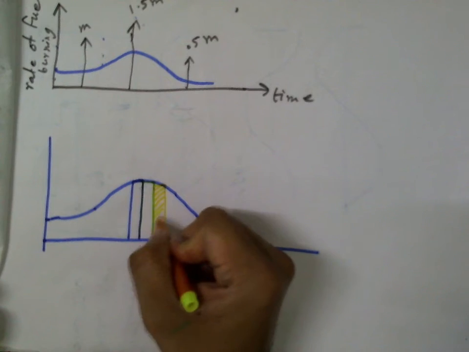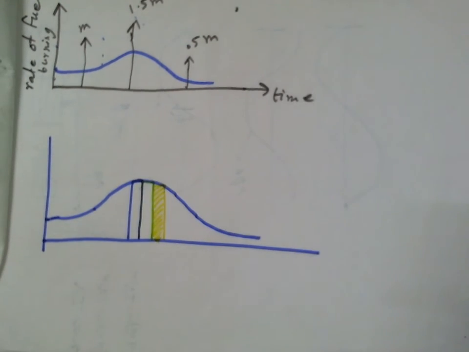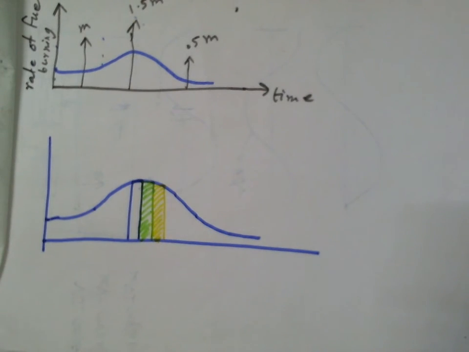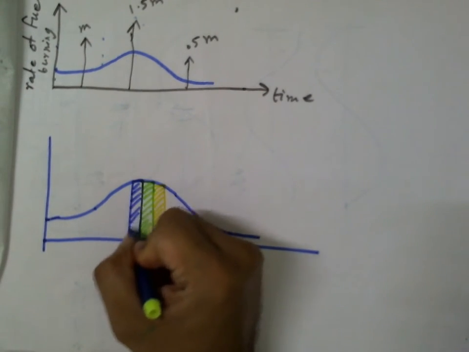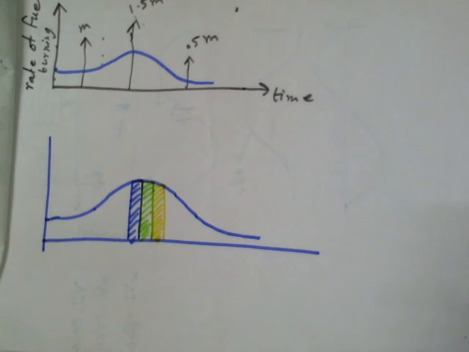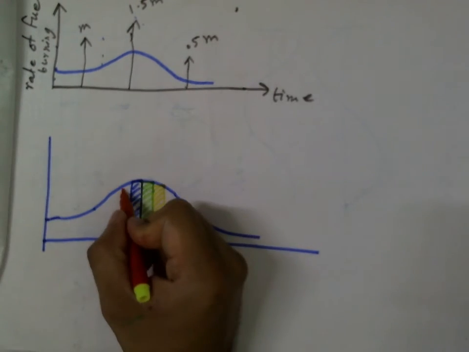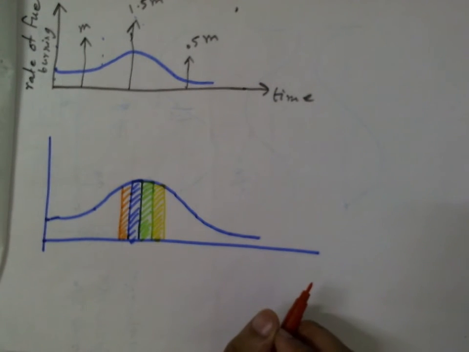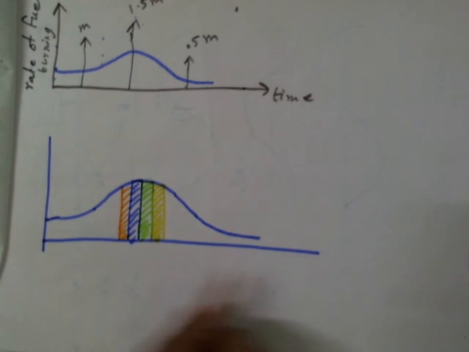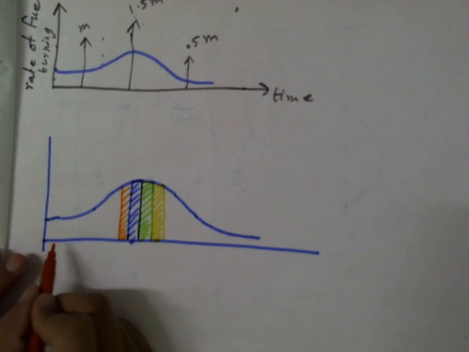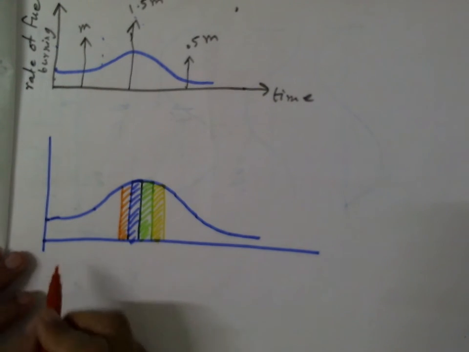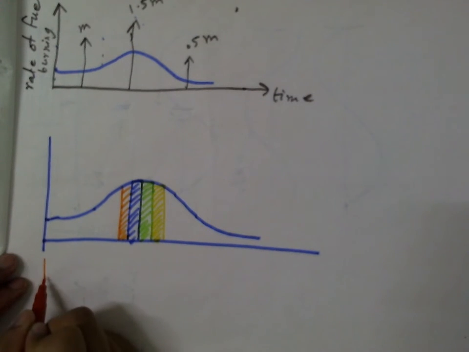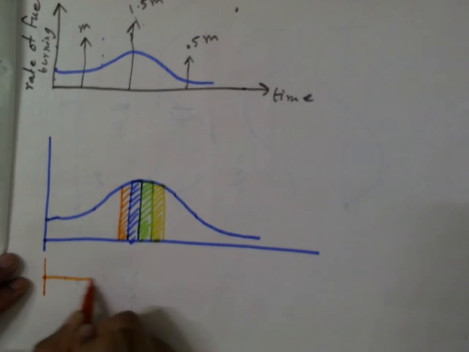Let me set it with color. Yellow, green, and before that I had blue, and so on. Here I can have an orange one, and so on. So what I'm saying is that this function can be decomposed into several functions like this.